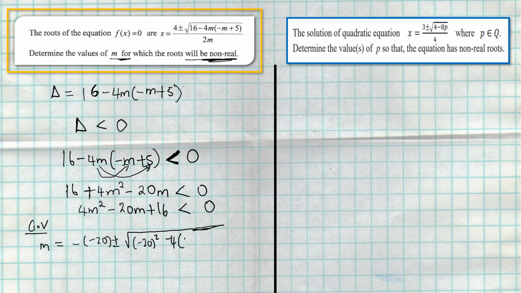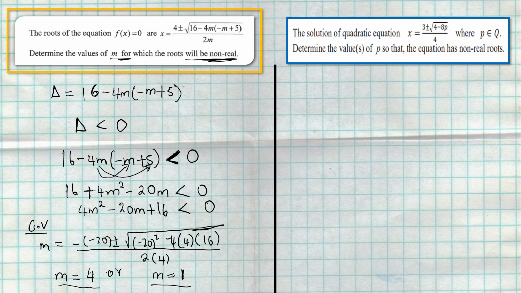My a is anything multiplying m squared, and my c is the one without m, all divided by 2 into a, right? Using the formula, I'm getting m equal to 4 or m equal to 1. So these are my critical values.